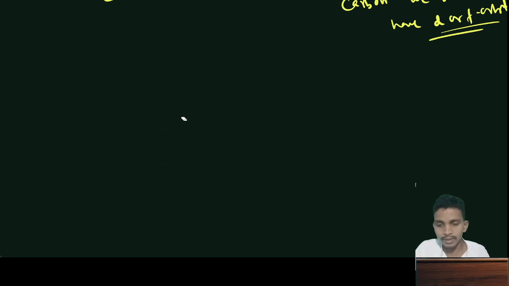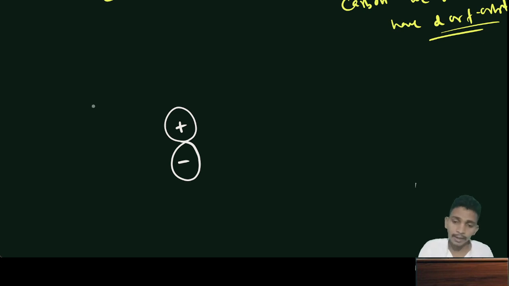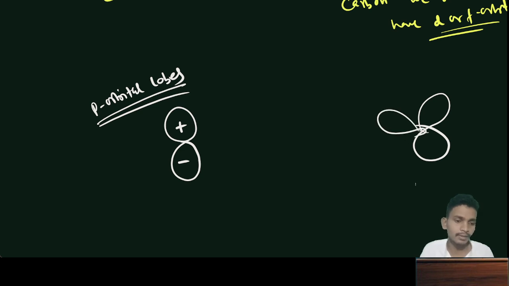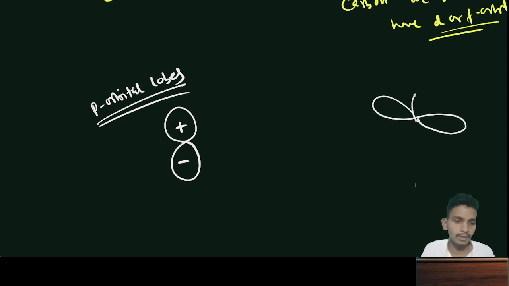Although it is drawn like this, both are the same: one is positive and another is negative. That is the general p orbital lobe. And how d orbitals look, we will not discuss because d orbitals are not used here. A d orbital is like this, or like this.